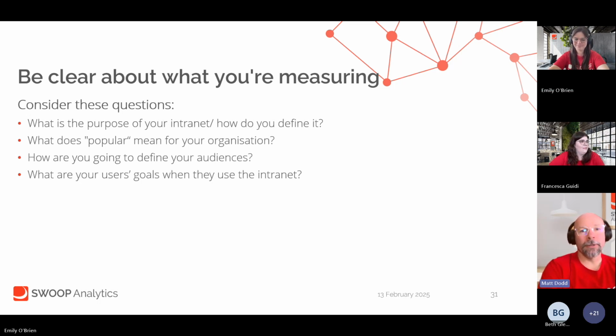numbers. We are working on trying that with the benchmarking study that we're pulling together for that May release that we've already mentioned. So we are trying to get some more of these generalized figures that you can use as a starting point for a goal or a target. But really what's important is the purpose of the intranet, how you define it.